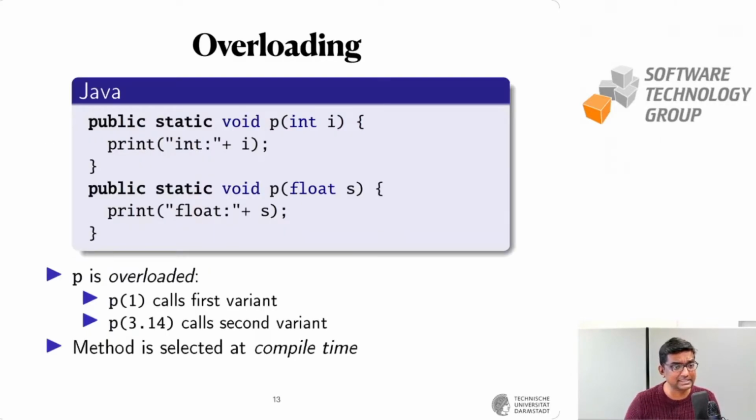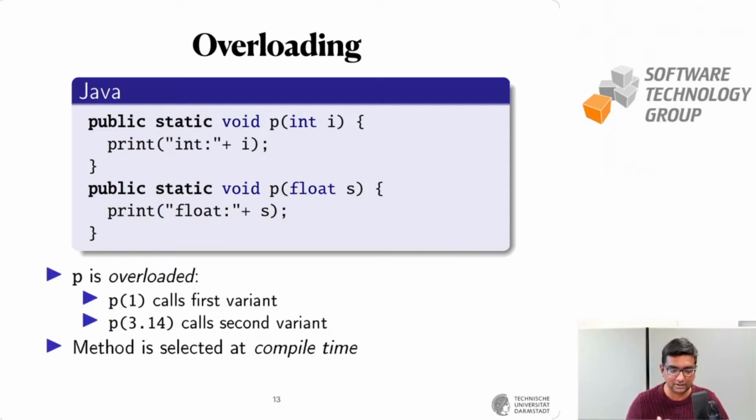So first one is ad hoc polymorphism. Ad hoc polymorphism is supported in 2 forms, either overloading or implicit coercions. To understand overloading, let's look at a couple of variants of p. Here p is said to be overloaded for the parameter int and for the parameter float. It behaves differently.